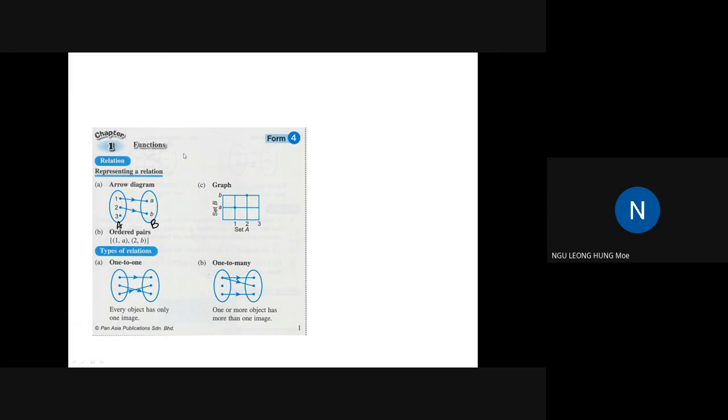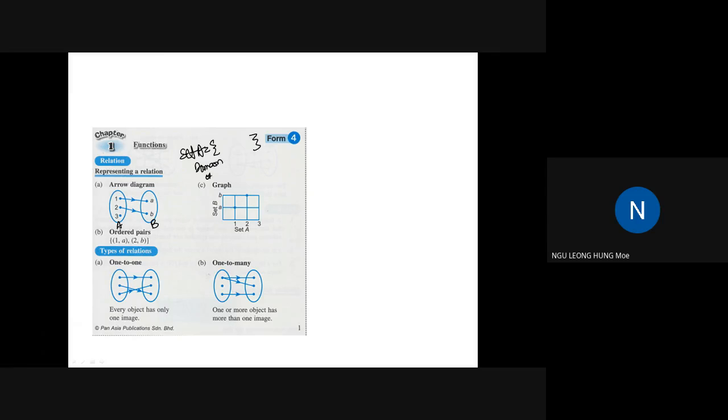So for the set A, okay, domain. Apa dia domain? Domain is 1, 2, 3.